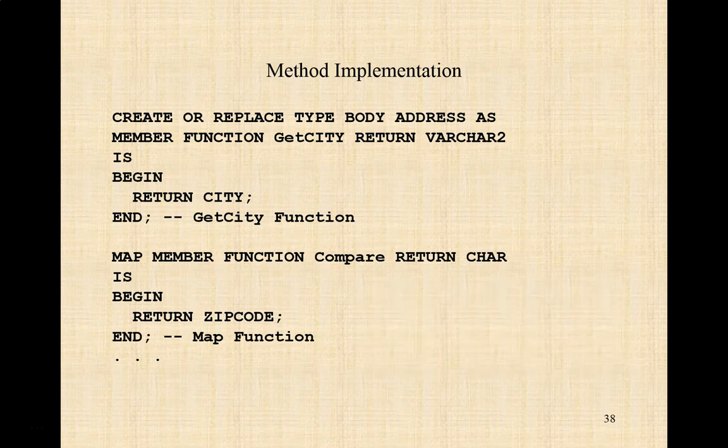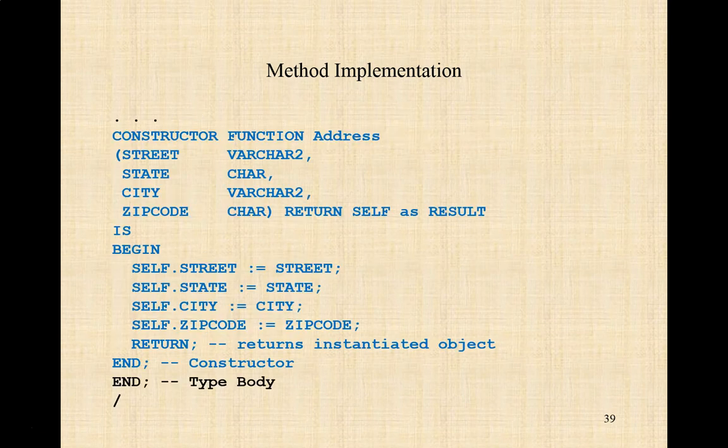Now let's examine the constructor function. The constructor function, again, is declared as constructor function, and the name is the same as the object type, address. We list the arguments to the function, and we conclude the declaration of the header for the function by saying return self as result.